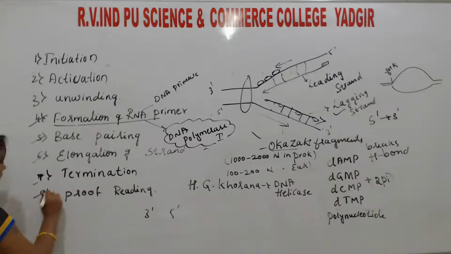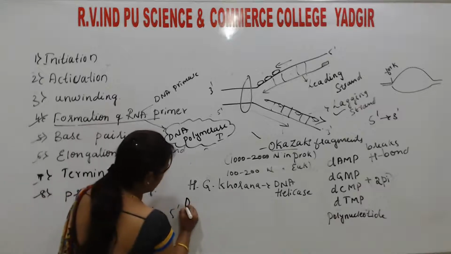Proofreading, last. Proofreading of the DNA. Sometimes what happens, the DNA will be coded. DNA polymerase removes the wrong base and attaches the correct one.